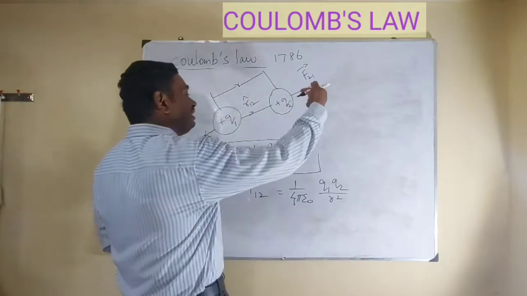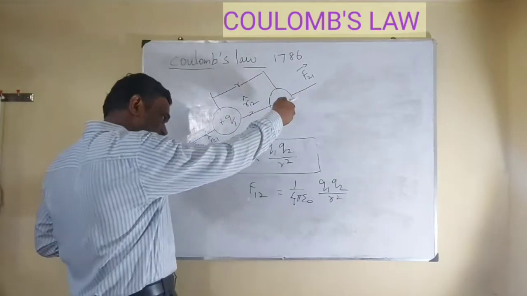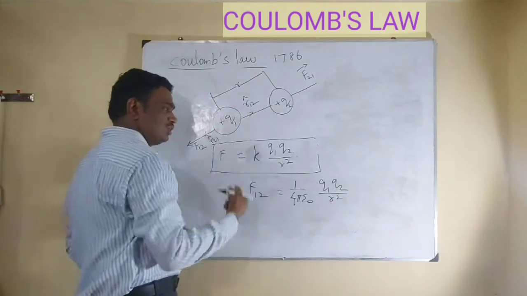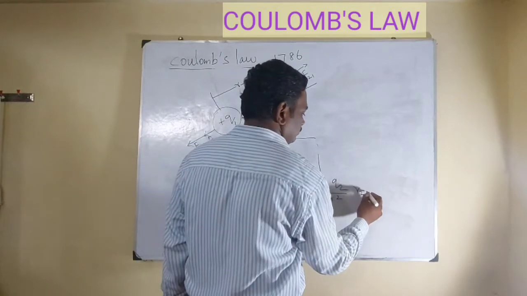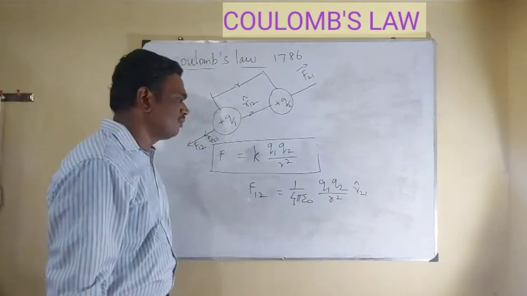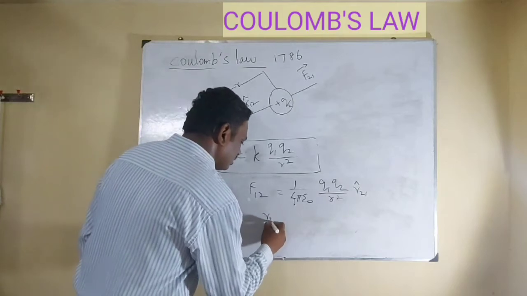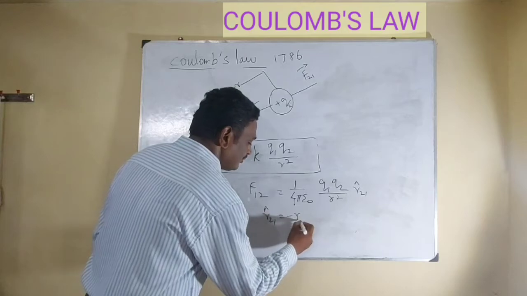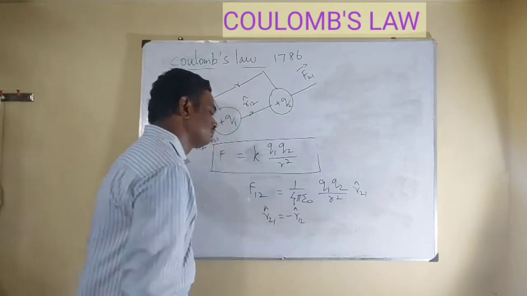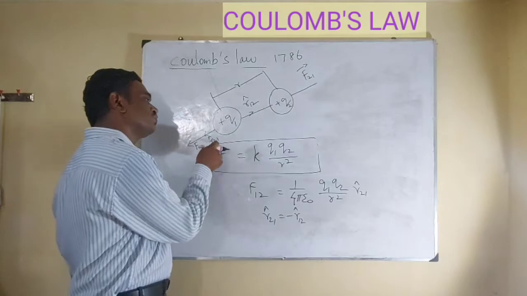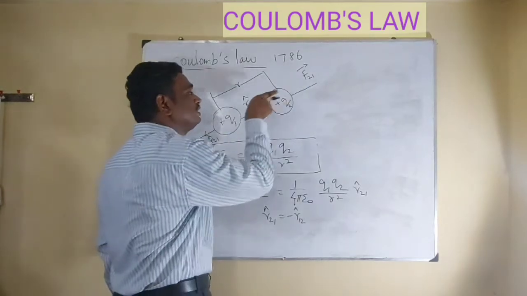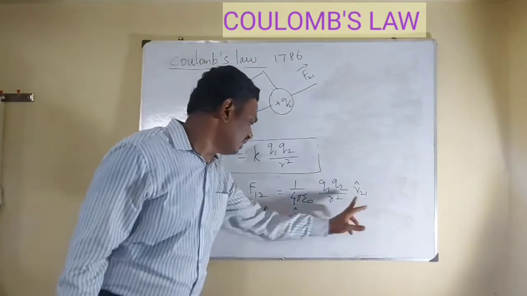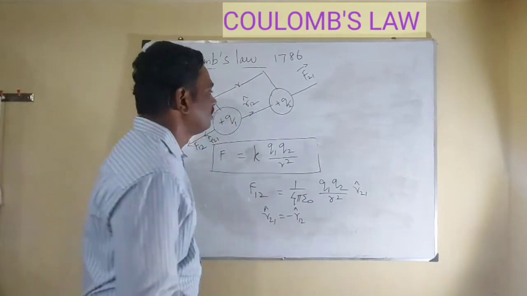The force acts along the direction Q2 to Q1. So the unit vector is R21 from Q2 to Q1. We know that the unit vector R21 is opposite to the unit vector R12. So instead of R21, we can write minus R12.